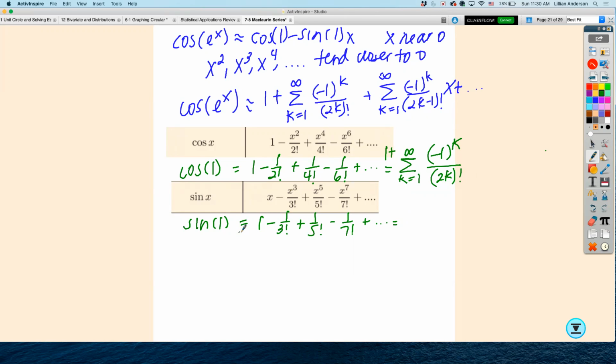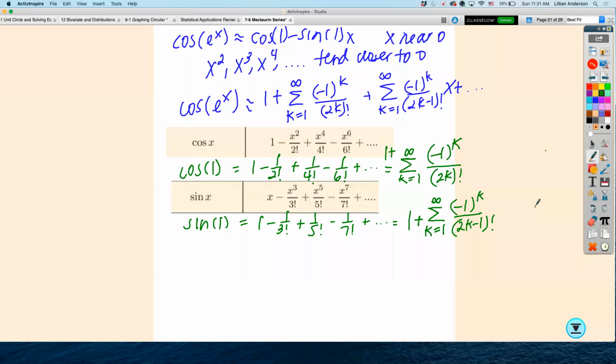To represent sine of 1, well, we know that it's essentially 1 plus, my mistake, negative 1 to the k power over, this is our odd, so this one will be 2k minus 1. This is how we take into account that we are skipping over 2 and going straight to 3.